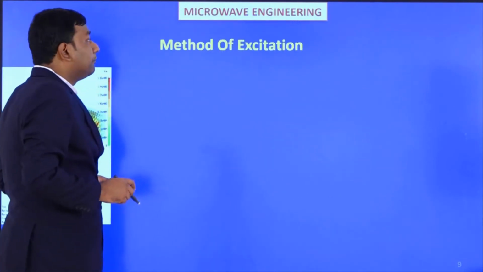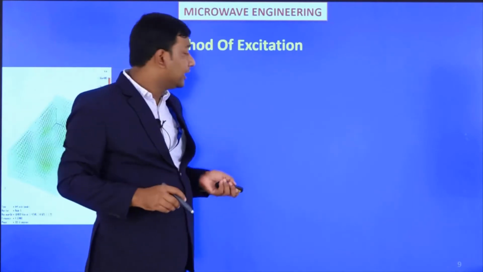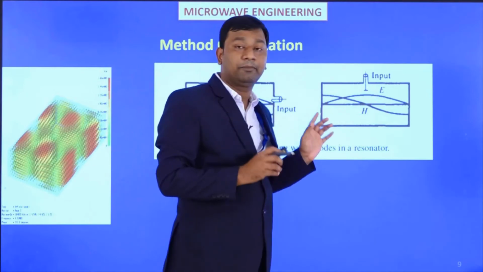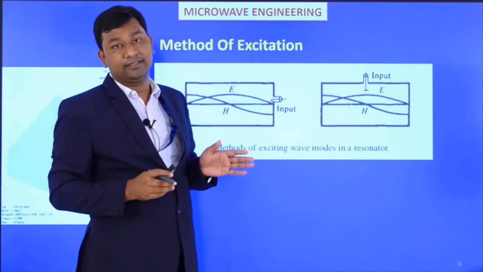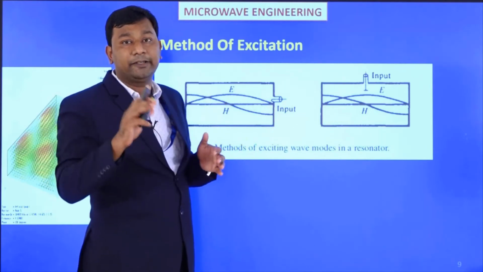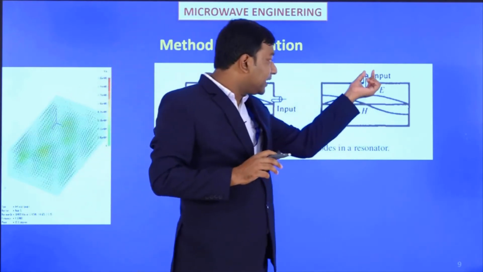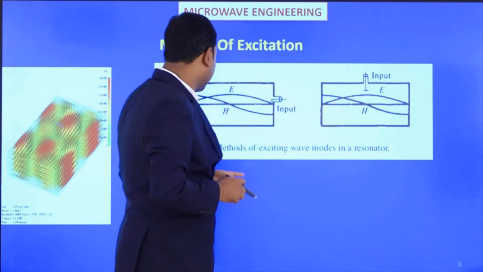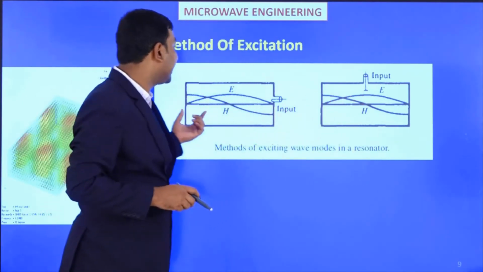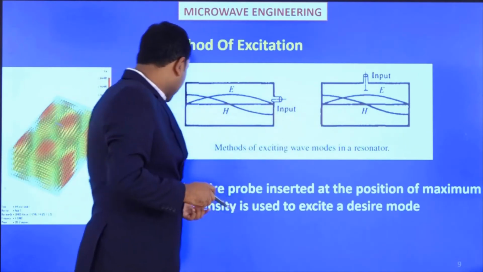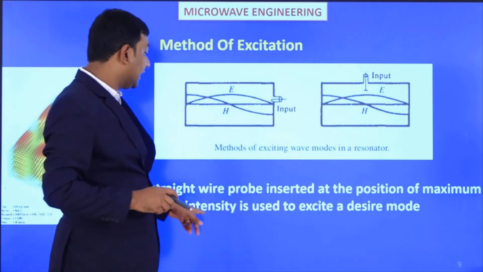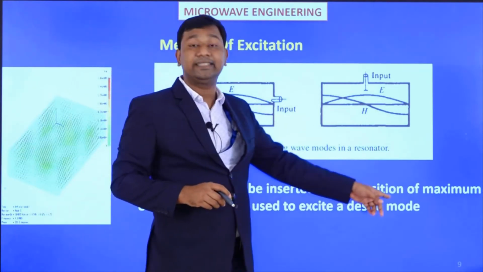Now coming to the method of excitation. A rectangular cavity resonator can resonate in infinite modes. For the method of excitation of wave modes in a resonator, a straight wire probe inserted at the position of maximum electric field intensity is used to excite a desired mode.